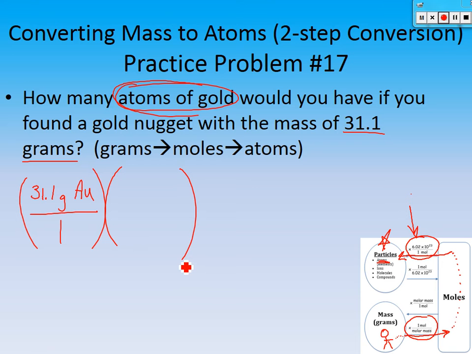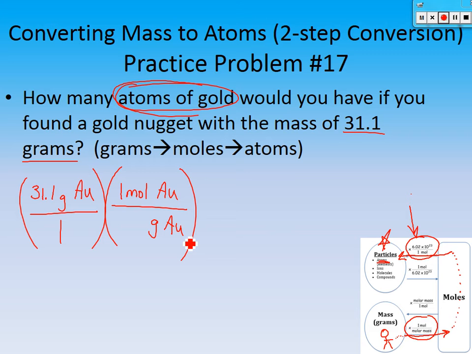My first step is to multiply by this conversion factor right here. It says 1 mole over the molar mass. So 1 mole, what substance am I talking about? Au, which is gold. Guys, if grams of Au is on top, we know it's got to come down here to cancel out. It should be apparent why that has to happen.